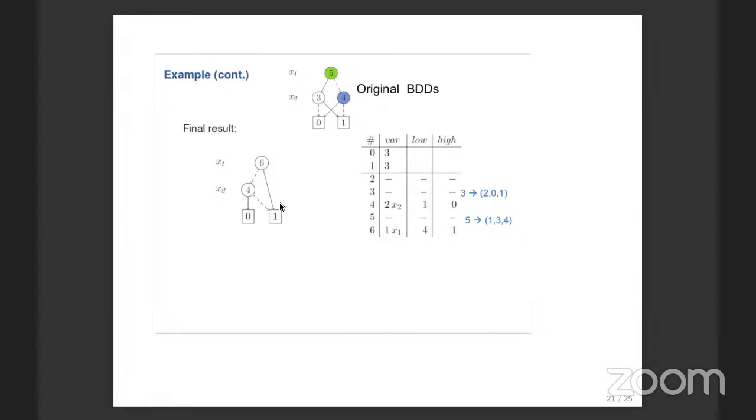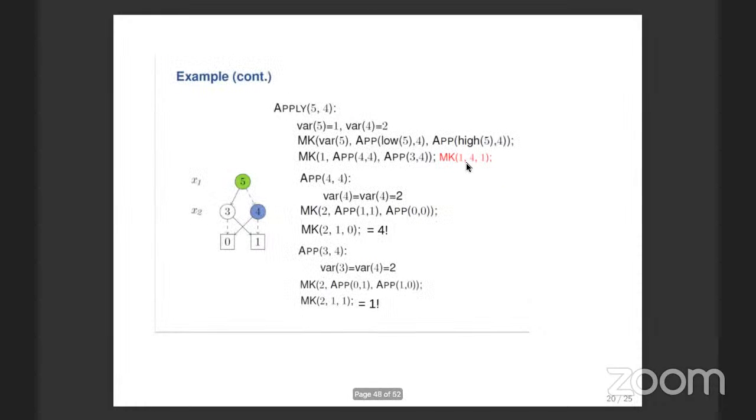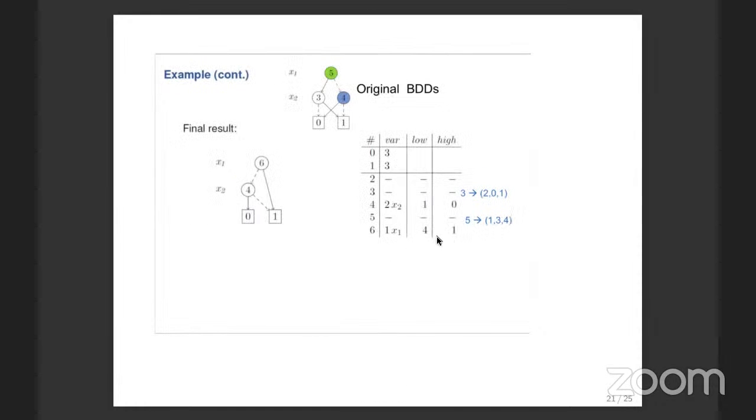And so as a result of this make here, it creates a new entry in the node table. And of course, the reverse table is also accordingly updated. So you have this new node.